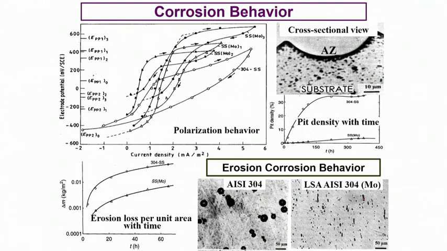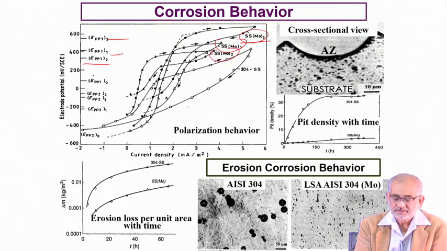Without going into details, these kinds of polarization behavior curves, or potentiodynamic polarization curves, allow us to figure out the typical pitting potential where the pitting starts, and we realize that we can make the alloy fairly protective, because this stainless steel 304, which is the substrate, is now alloyed with a fair amount of molybdenum.